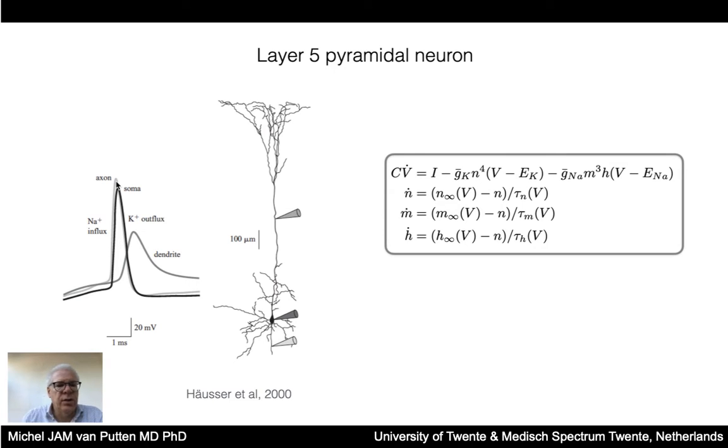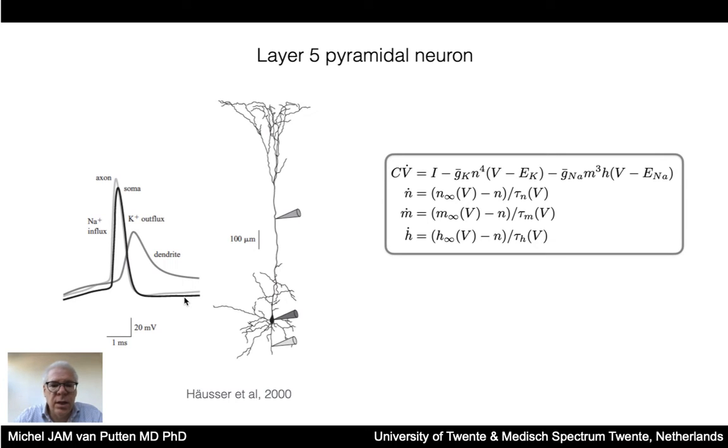And what is nice here is that you can see that the shape of the action potentials is slightly different in the different parts of the neuron. However, this is not very essential for our current discussion, but it is good to know that there are some differences in how the action potentials look depending on where in the neuron they are generated. But in principle, you can measure them basically in any part of the neuron if that part of the neuron is sufficiently activated by a synaptic current.